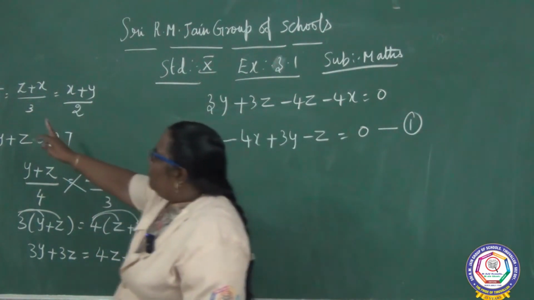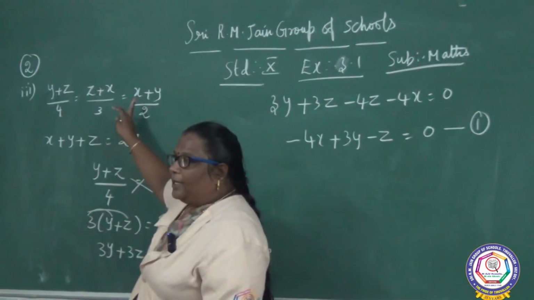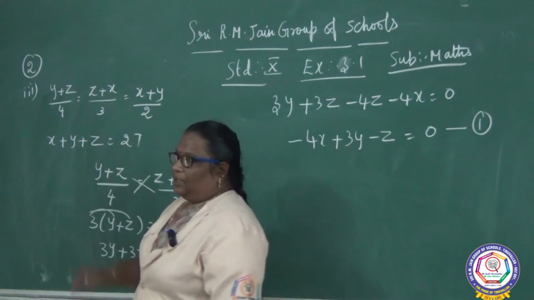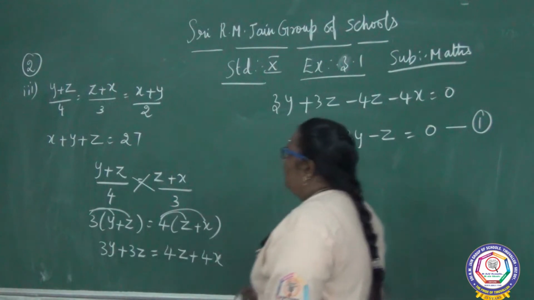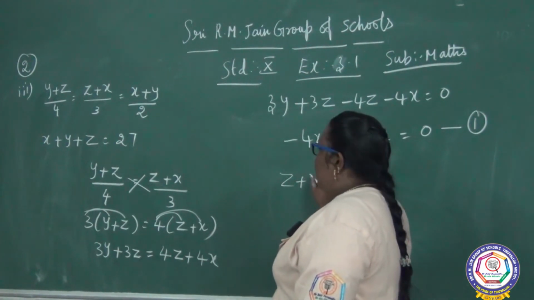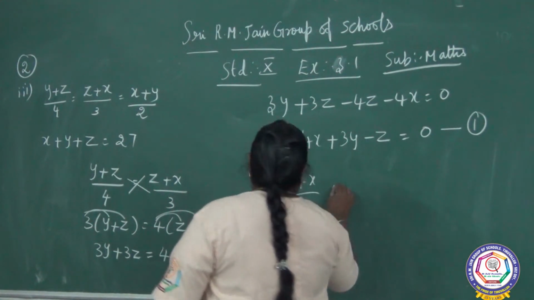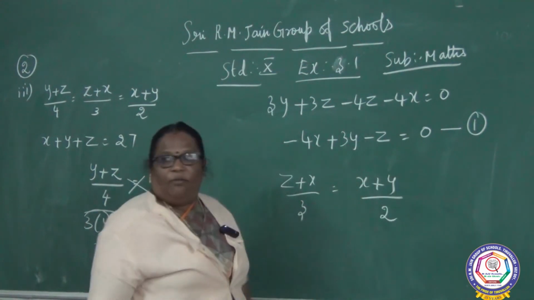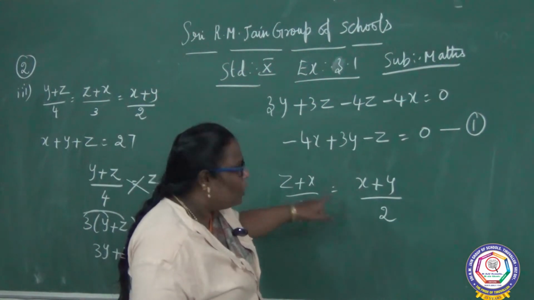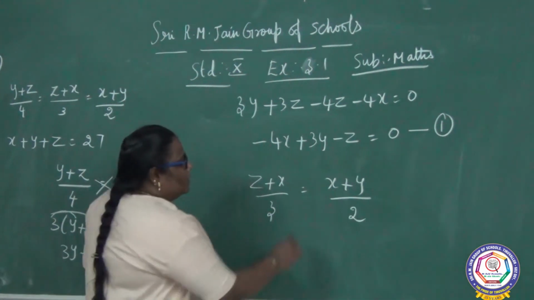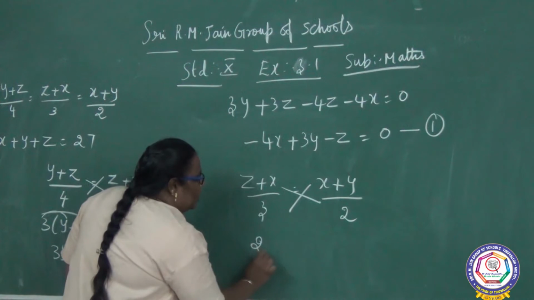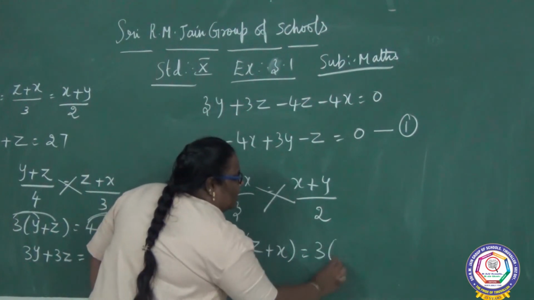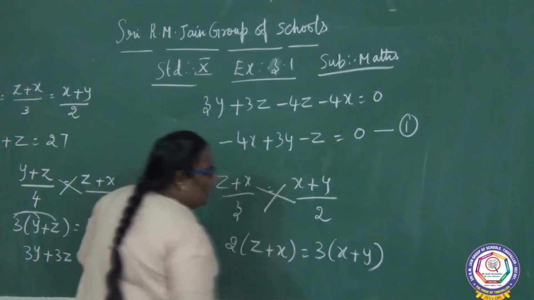See, (z+x)/3 = (x+y)/2. You can equate these two terms. The same way we have proceeded, you can do the cross multiplication. 2 into (z+x) equal to 3 into (x+y).